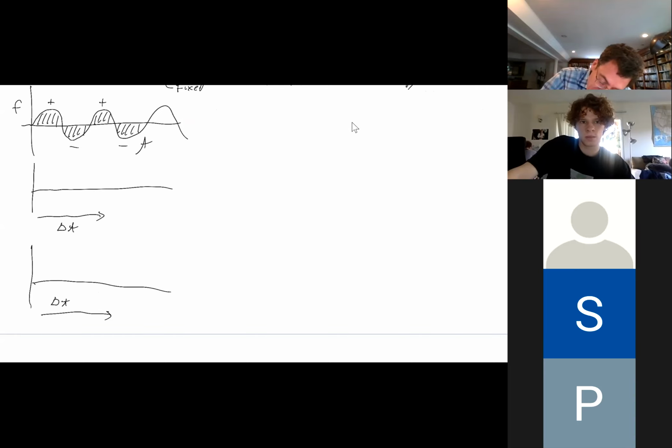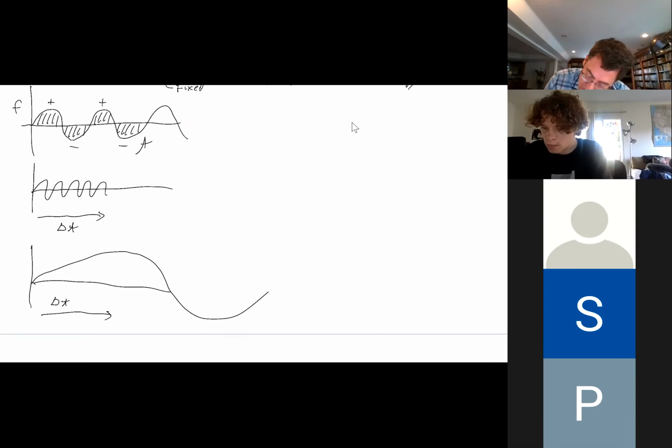If I integrate something that has a fast frequency, then it goes plus minus, plus minus, plus minus. Or I could integrate something that has a slow frequency. So if I integrate the area under the fast frequency curve, out to delta t, the integral equals what?